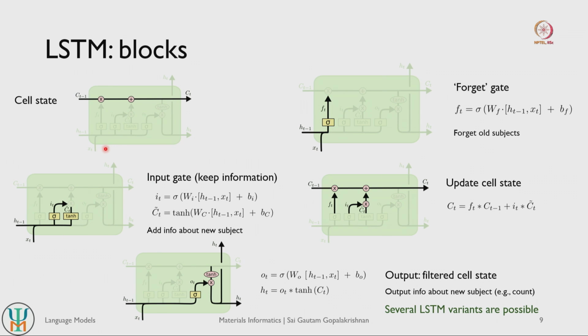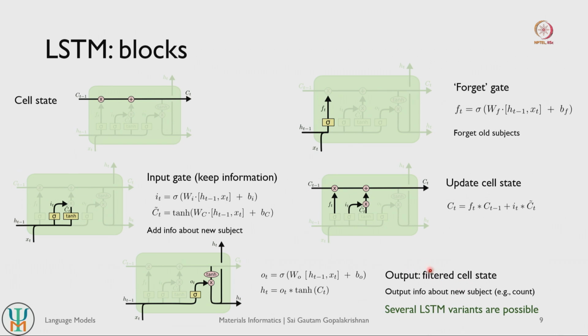We won't get into the details of the mathematical operations, but the crux is this. There is a cell state that is passed through the network. At each block you basically forget unimportant information, keep useful information, and then you update your cell state using this information, and then each block can also output certain filtered information, which is a combination of your old information as well as your new information, right.